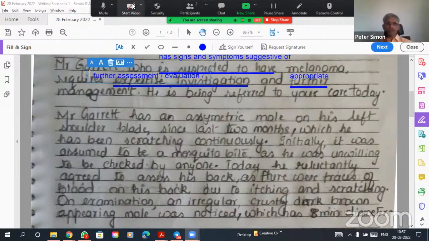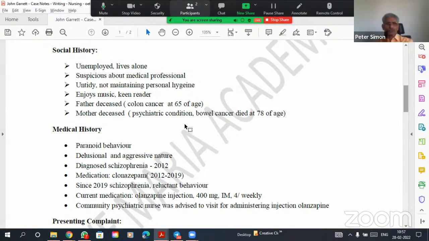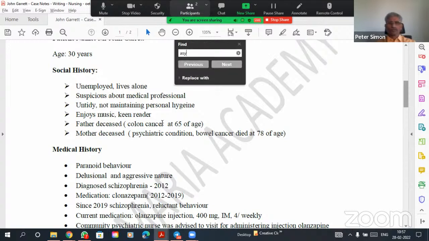Fine. Mr. Garrett has an asymmetric mole. Asymmetric mole. So two mistakes are there in this. Let me show you. You need not open the mic. I'll show you. Asymmetric. Control F. Where is this?